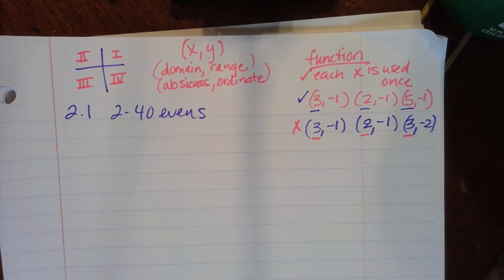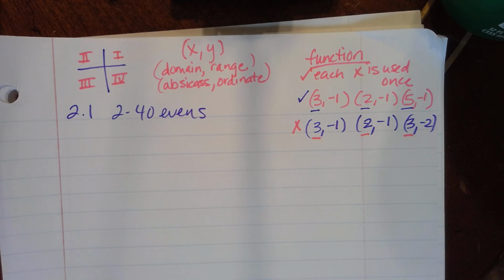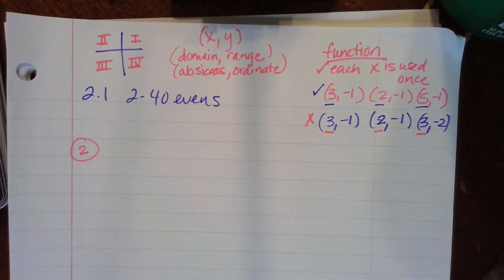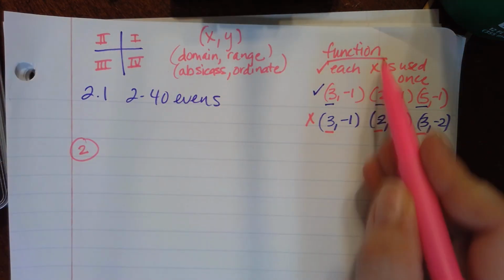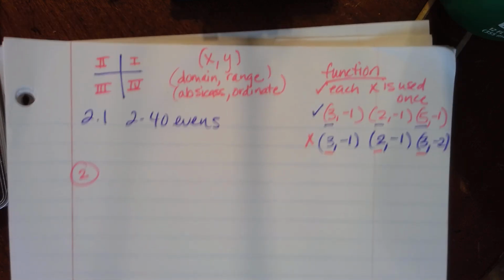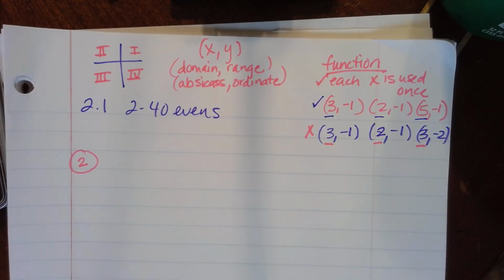Okie dokie smoky. So let's jump into number 2. All right, these instructions say, again, you don't have to write any of this down though. I'm just kind of throwing them out there. Alrighty then. So graph each relation and state its domain and range.